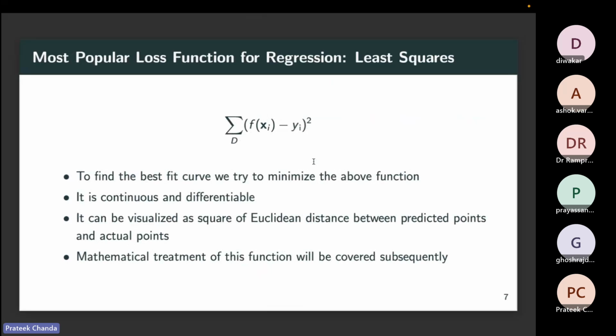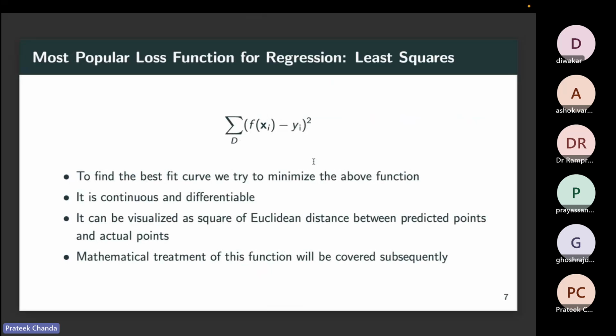So we always want to minimize the above function. As you can see, it has a parabolic sort of structure, it's continuous all throughout, and it's also differentiable everywhere. And why do we need differentiability?